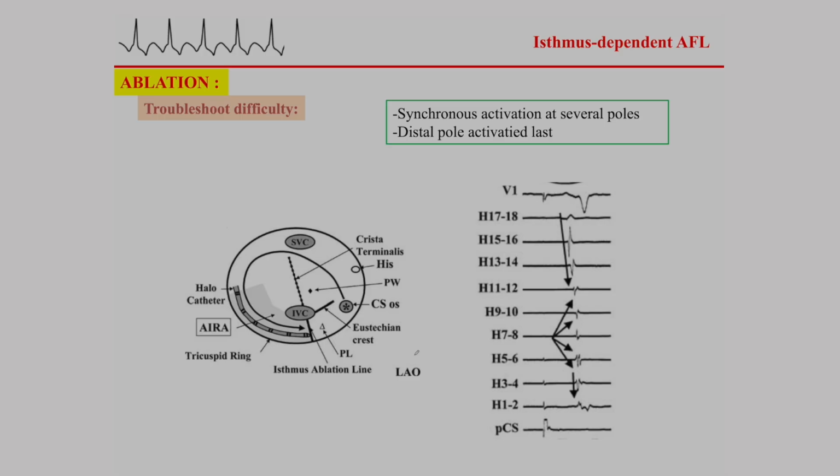So as you see, the atrial activation in the halo is really ascending, but we have a simultaneous activation here from some poles, like this one and this one also. So they are simultaneously activated, but the distal part of the halo is later.